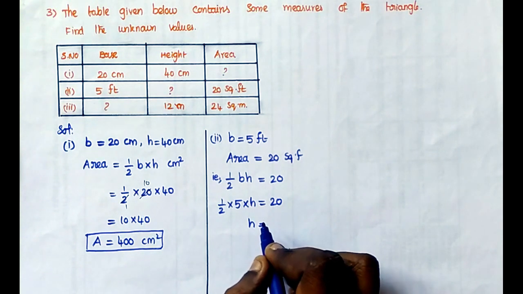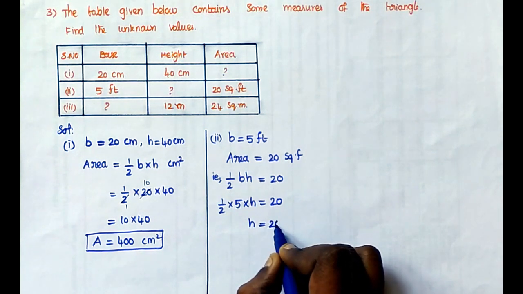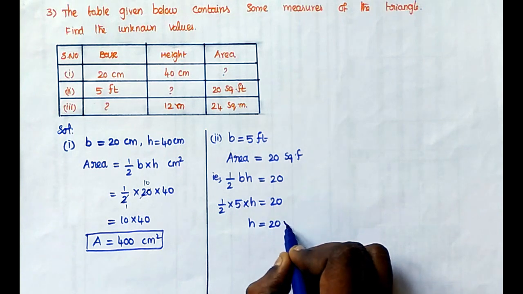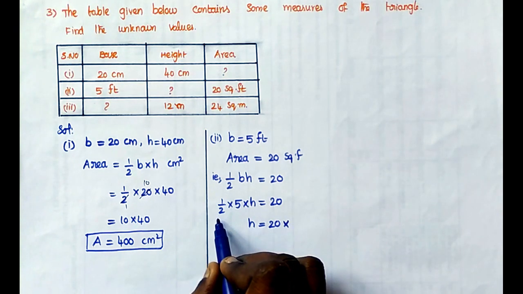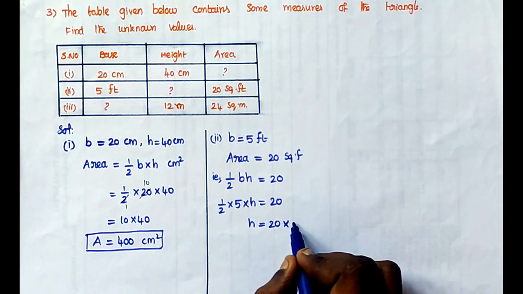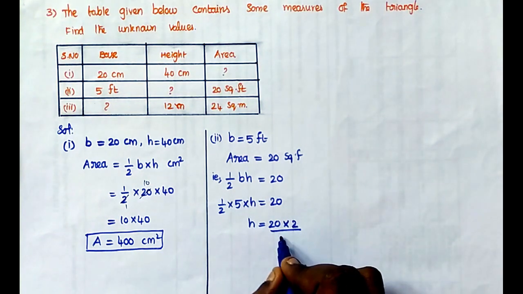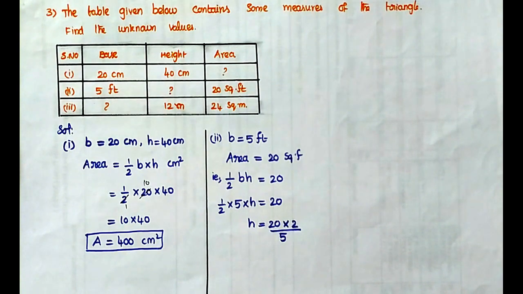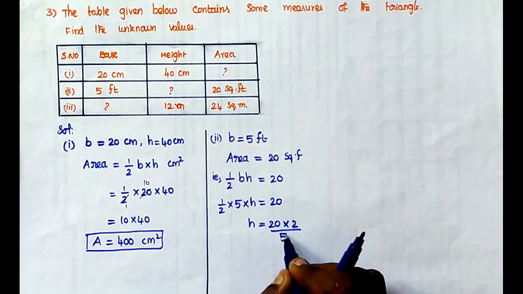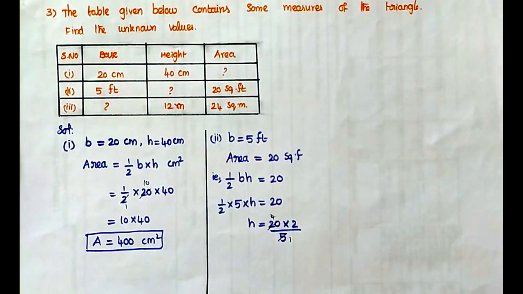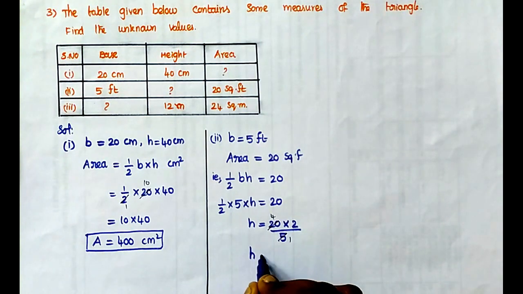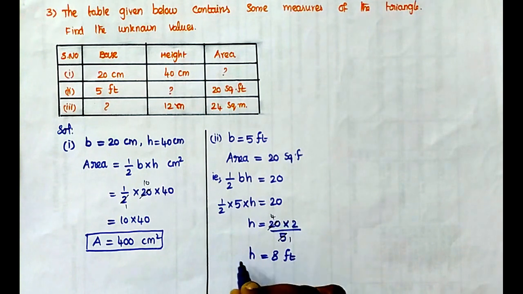We don't know h, so keep here itself, and 20 into here division, 2 is in division, so bring this side means multiplication, and 5 is in multiplication, so bring this side means division. 5 1 is 5, 5 4s are 20, so h equal to 4 2s are 8 feet, that is height.